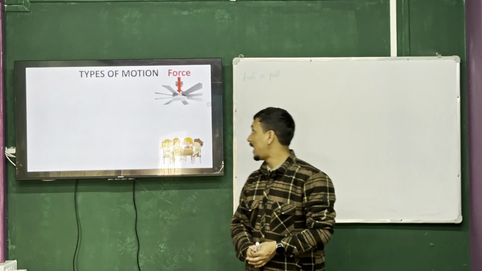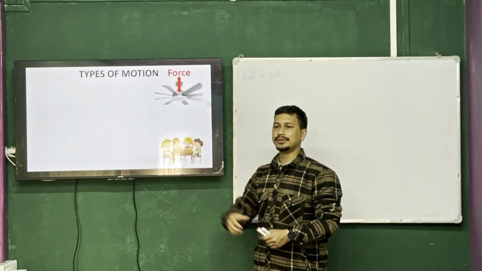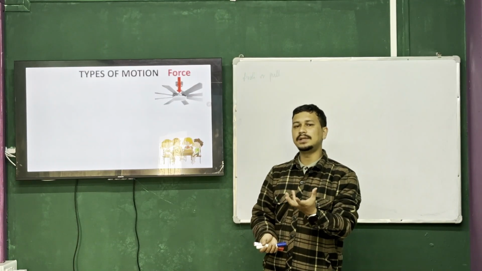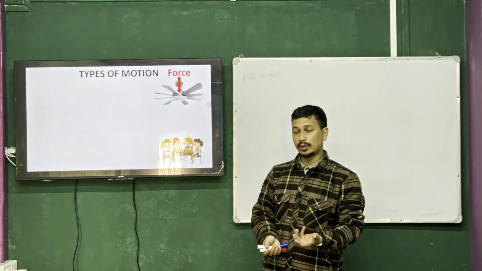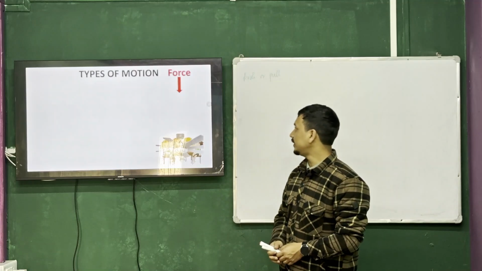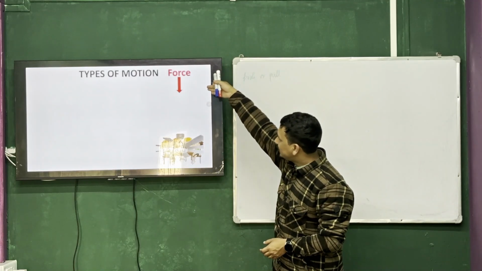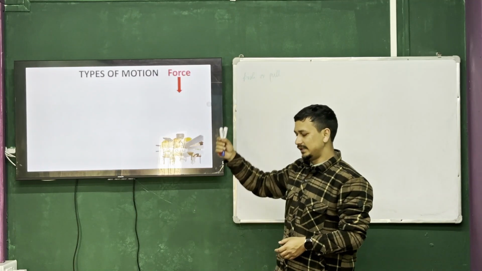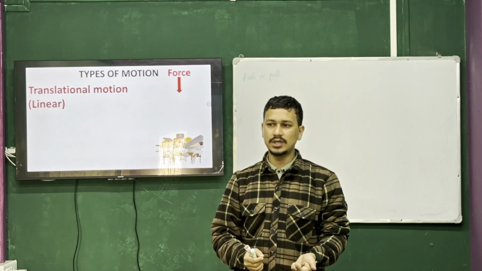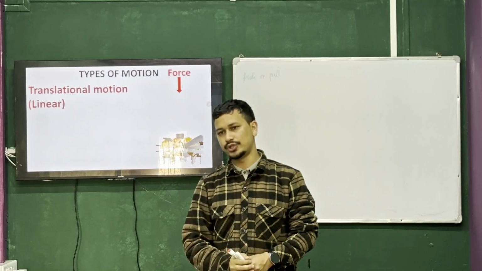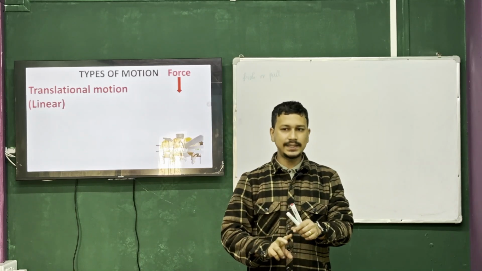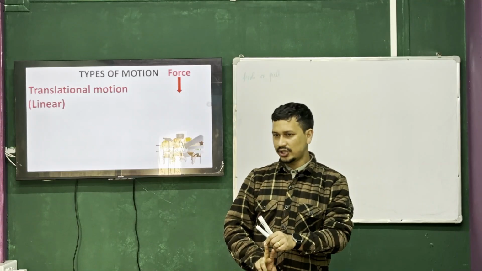And now if you apply a force, what do you think will happen to the fan? Will it rotate? No, because it doesn't have an axis of rotation. So what will happen? The fan will fall on your head. Now what happened? See, the fan fell like this. This type of motion is known as translational motion or linear motion. So there are two types of motion: rotational motion and linear or translational motion.